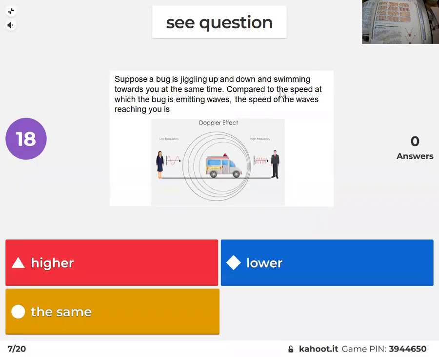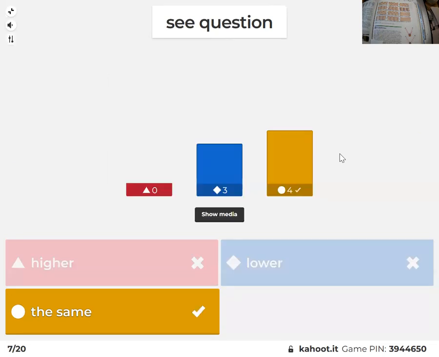Same scenario, compared to the speed that the bug is emitting waves, the speed of the waves reaching you is what? Yeah, the speed's the same. So remember, once the waves have been released out into the environment, once they're propagating through whatever medium is carrying them, maybe air in this case, or water if it's a jiggling bug, the speed is just whatever it is through that particular medium.